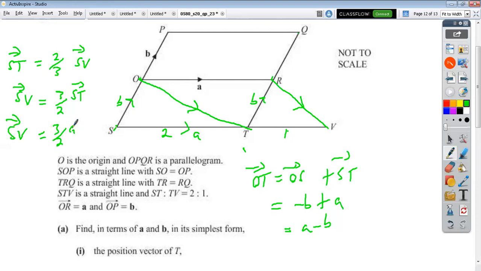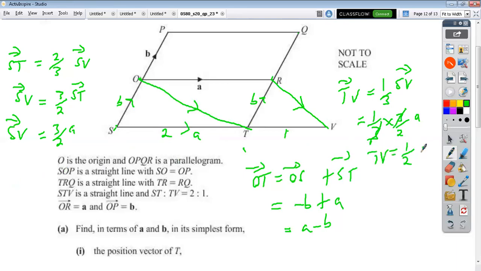Then we know that TV is 1/3 of SV. We now know SV is 1.5A, so we multiply 1/3 by 3/2A. Can you see that? That cancels. So TV is simply equal to half A.